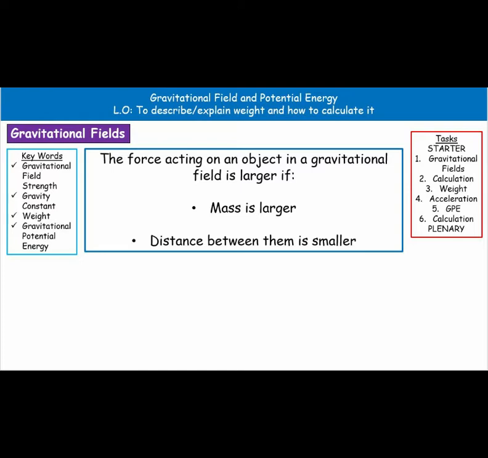And the second one, in terms of our distance, if we've got those two objects closer together, so the distance is smaller, then we have a larger gravitational field. So two ways that we'll have a larger gravitational field is if the mass is larger and if the distance between them is smaller. Make sure you do have those points written down because patterns are always important in science. Again, I'll give you about 30 more seconds to get that if you haven't already.